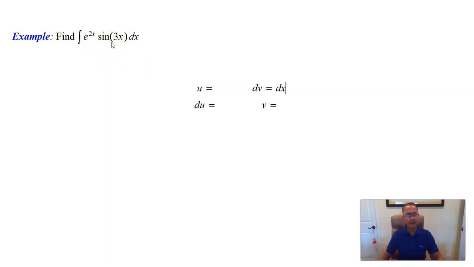Sine of 3x also integrates nicely, right? So just for variety's sake, let's put the sine of 3x together with the dx, and let's put e to the 2x for our u. What is du? Chain rule, 2e to the 2x dx.